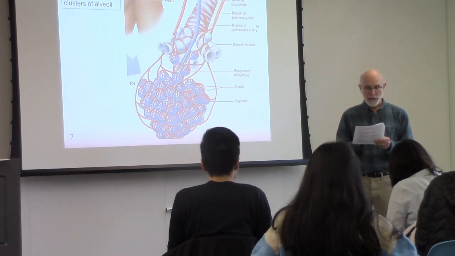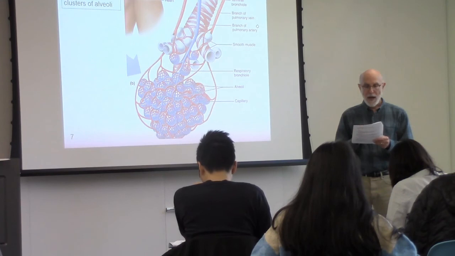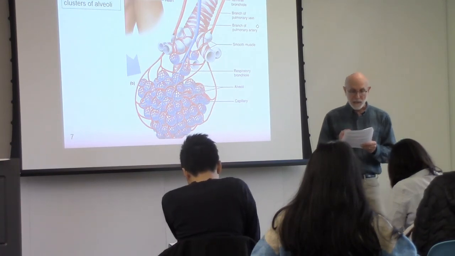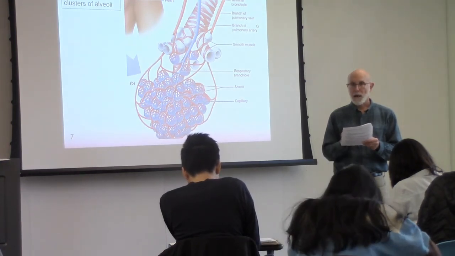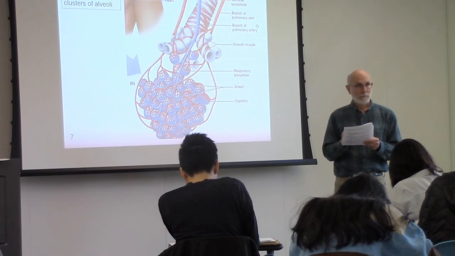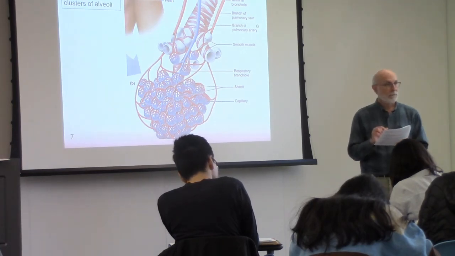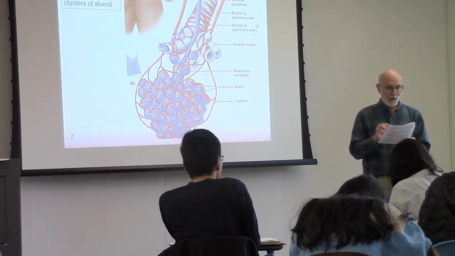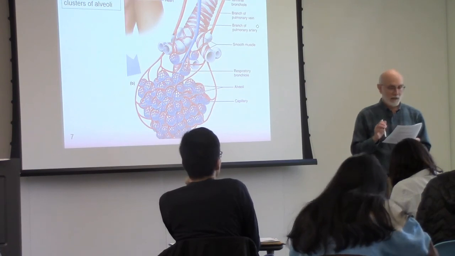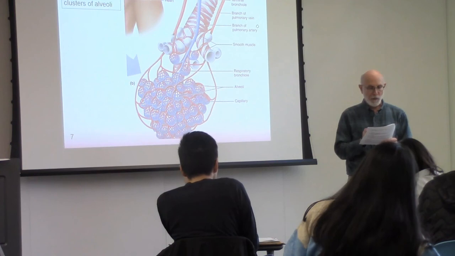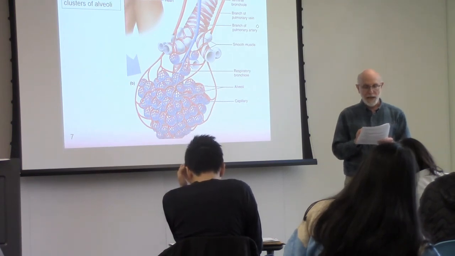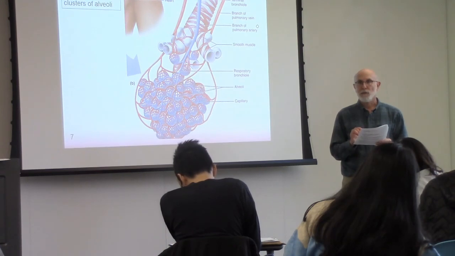The carotid bodies and the aortic bodies have cells that detect oxygen and acid, and they also detect carbon dioxide. So it would be appropriate to annotate that the peripheral chemoreceptors detect oxygen, pH, and PCO2.